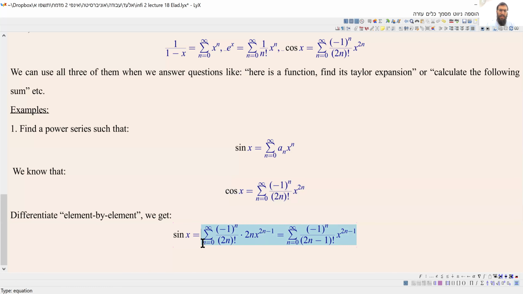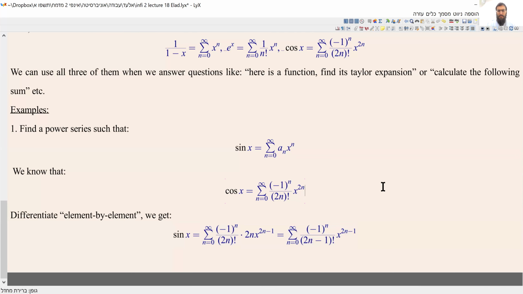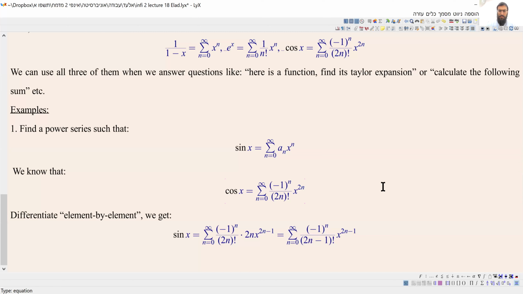But when we write down the sigma explicitly, we actually get 1 for n equals 0, and minus x squared above 2 factorial for n equals 1, and x to the power of 4 above 4 factorial, minus x to the power of 6 above 6 factorial, and so on.